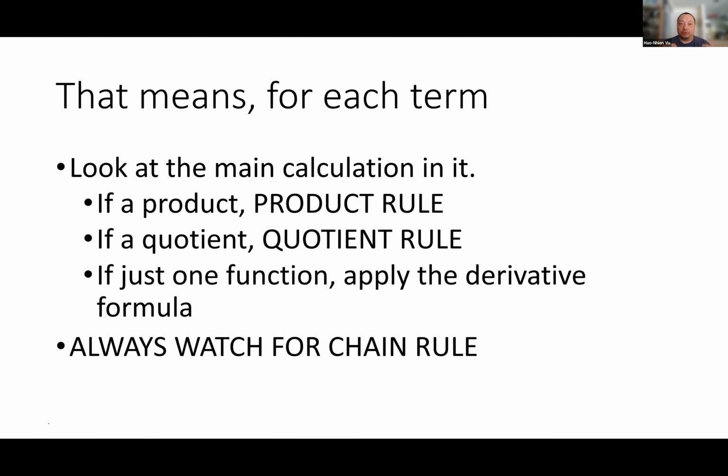If it's not a product or quotient, if it's just a single function, then you apply whatever the derivative formula is applicable to that single function. It could be a sine, cosine, e to the power, or it could be just some x term to a constant power. Whatever the derivative formula applies, do that. But always watch for the chain rule. Always multiply by the derivative of the inside.